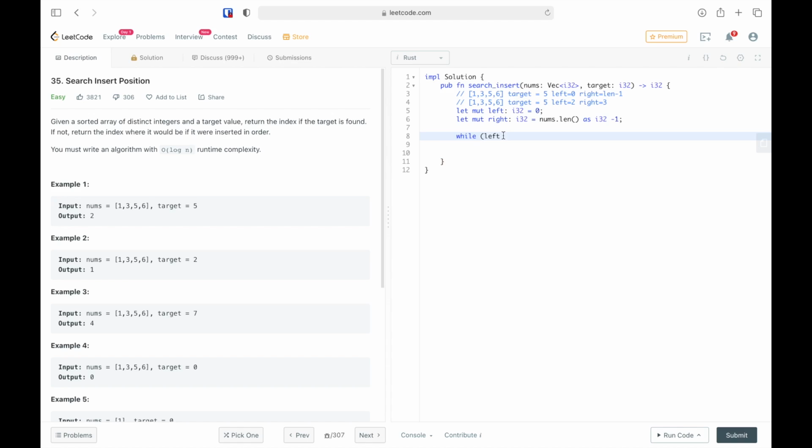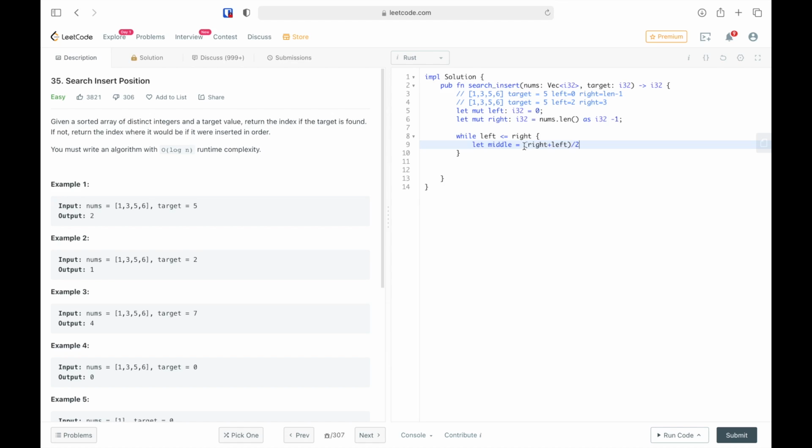So while left is less than or equal to right, let middle. So how do you find middle? Middle is going to be right added by left divided by 2, right?